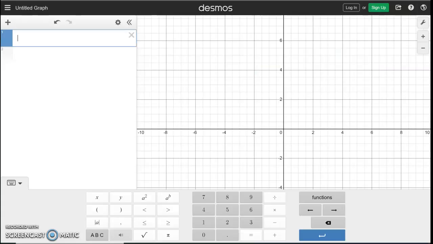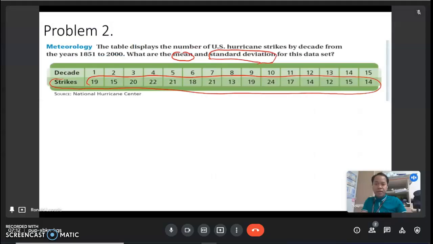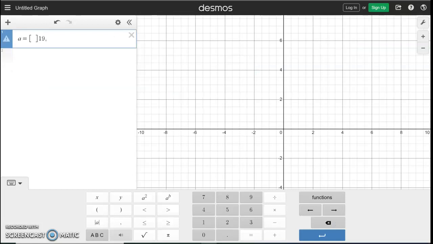Okay, so in Desmos, you can just type there A, or set A, set X, set Y. It doesn't matter what variable you are going to use. A equals this bracket symbol, and then you type there 19, 15, 20, 22, 21, 18, 21, 13, 19, I have a copy here, 24, 17, 14, 12, 15, 14.